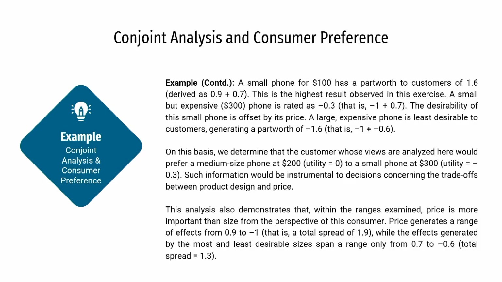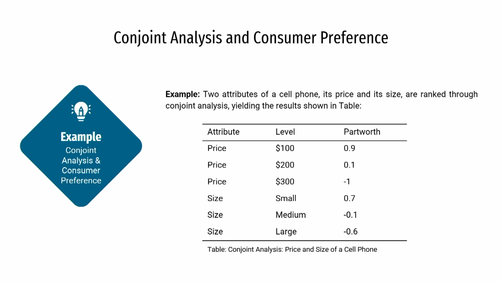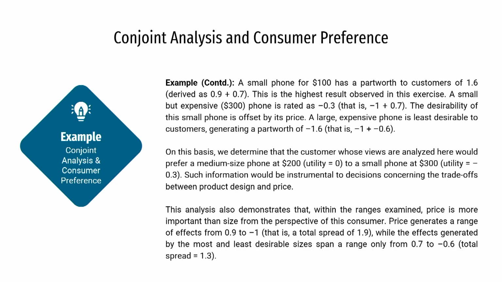It is derived from 0.9 plus 0.7. So 0.9 is associated with price, and 0.7 is associated with size, so it will have a total part word to the customer of 1.6.